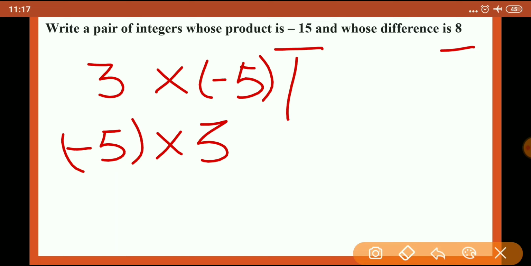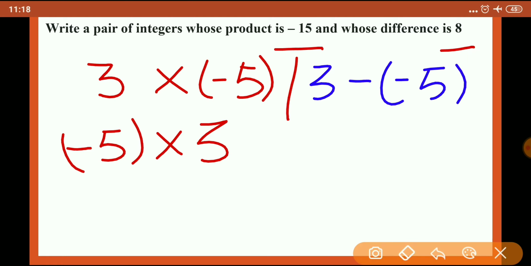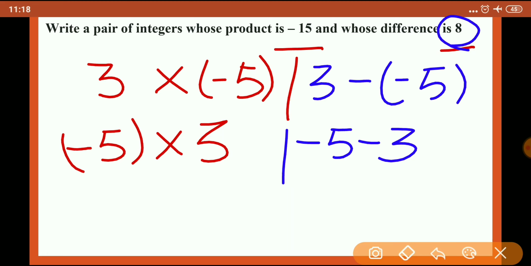If I write the difference of this, suppose I write 3 minus minus 5, and if I write the difference of the other, minus 5 and minus 3, now see, in which statement will you get 8? It is obvious, if you do 3 minus minus 5, it will be plus, so you will get 8. But with minus 5 minus 3, what will you get? Minus 8.